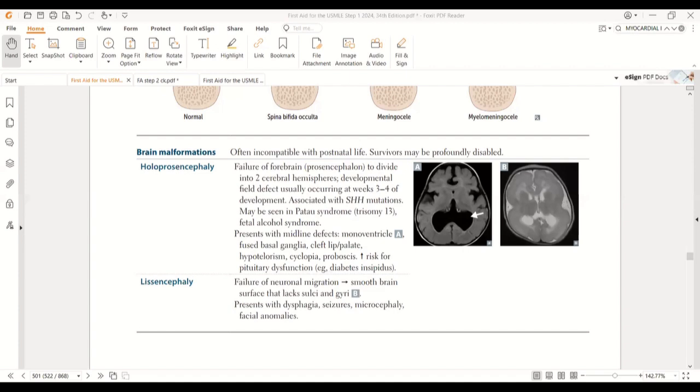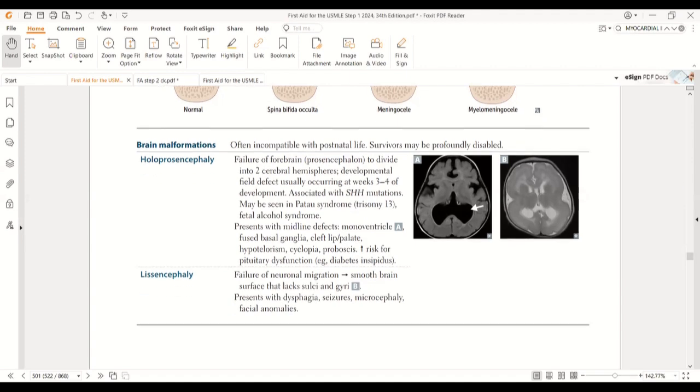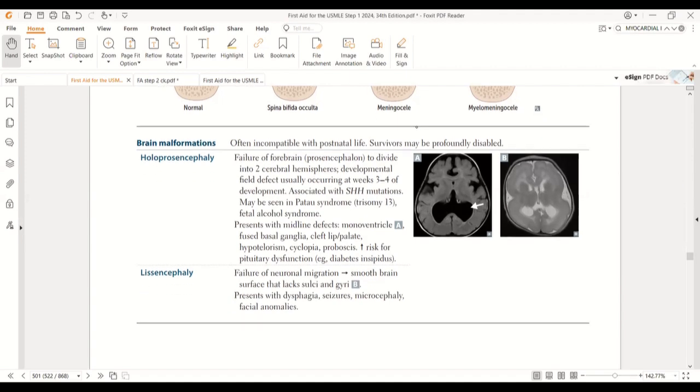This kind of picture you find in your questions in Q banks and assessments, and they want to know about the high yield association. So, a single cerebral hemisphere. Okay, in the revision of holoprosencephaly, you find this kind of picture, monoventricle, right?